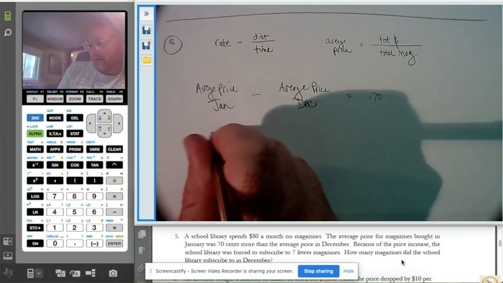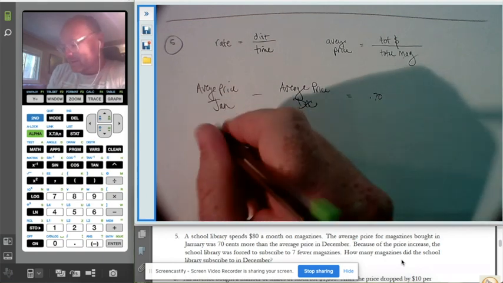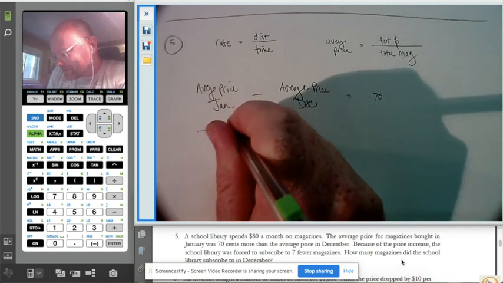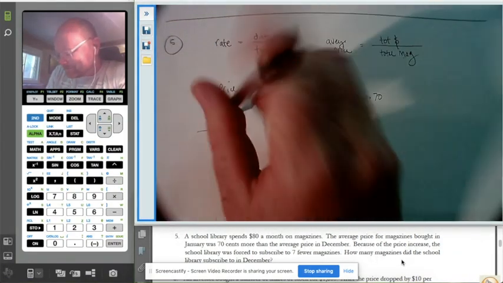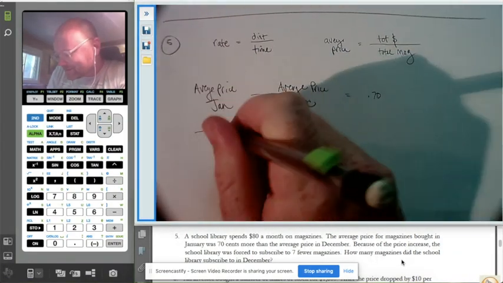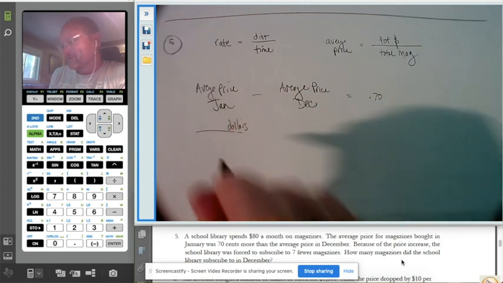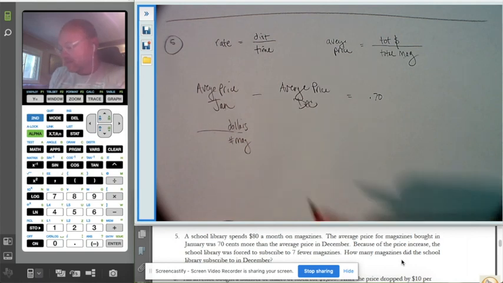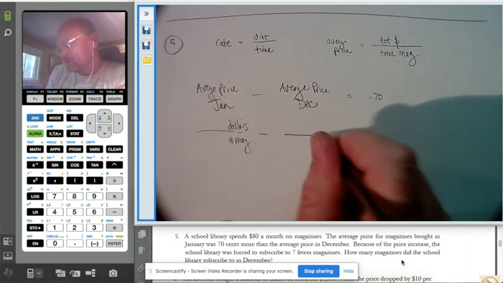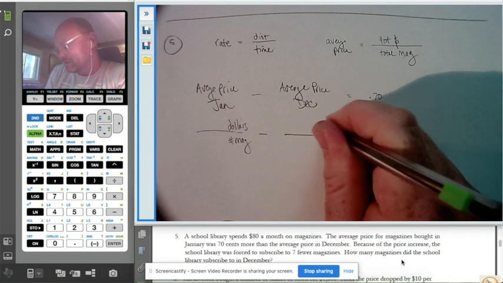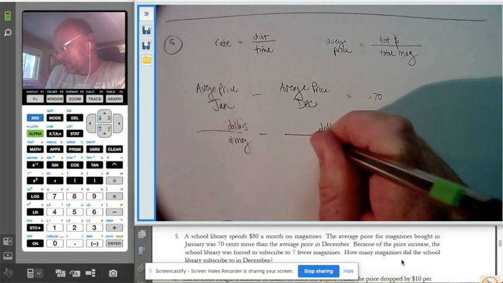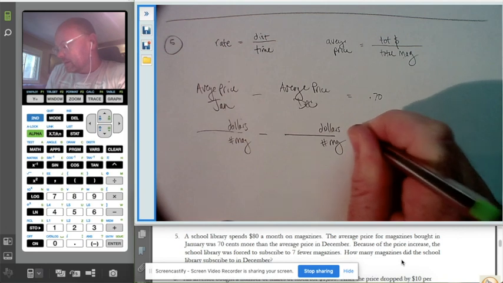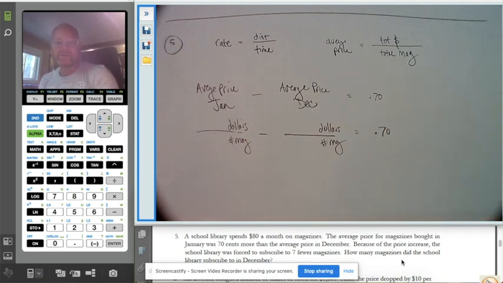So my average price in January, I'm going to think about that as some amount of dollars over the total number of magazines. That's going to give me my average price. In December, before the price increase, I also am going to have that average listed as some kind of dollars over number of magazines. And again, the difference in those two averages needs to be 70 cents because there was a 70 cents increase.